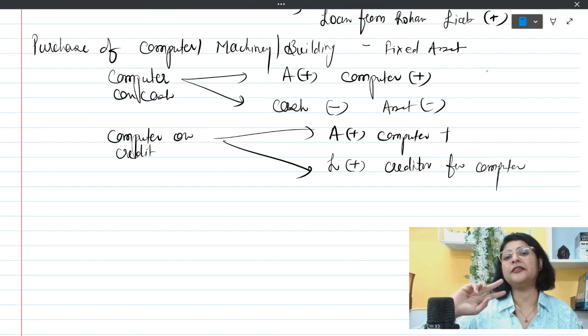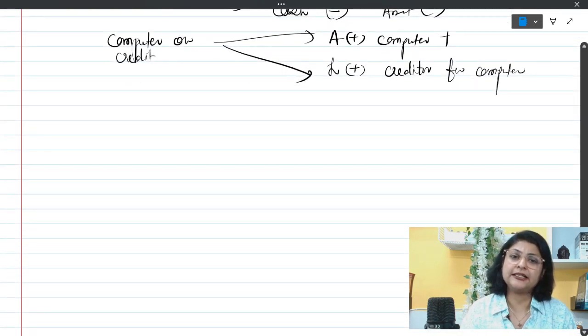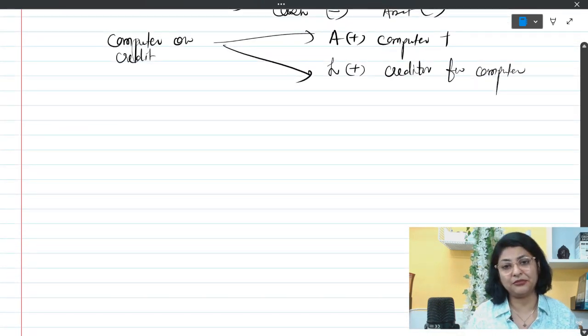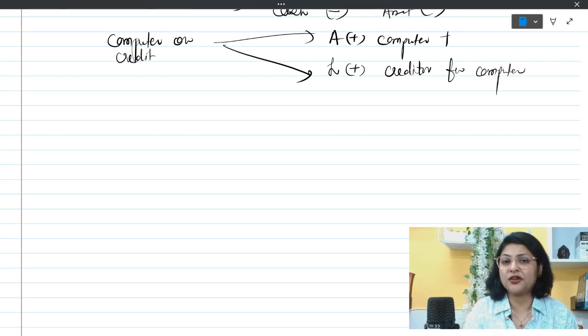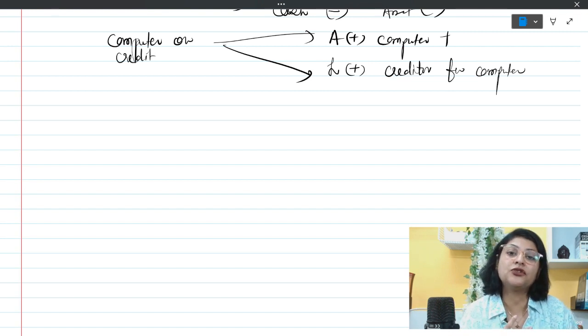So again, here are two impacts of this transaction. One, asset is increasing, and on the other hand, liability is increasing if it is bought on the credit basis, and if it is bought on the cash basis, one asset is increasing and another asset is decreasing. The asset which is increasing is the fixed asset which we have acquired, and asset which is decreasing is either cash or bank. So like this you have to pass the entries for it.